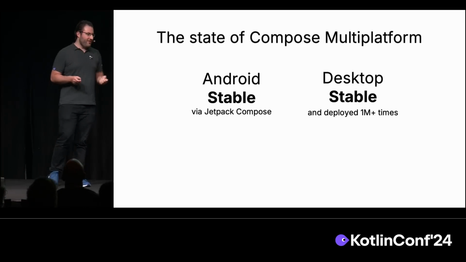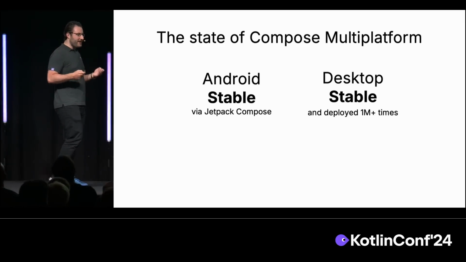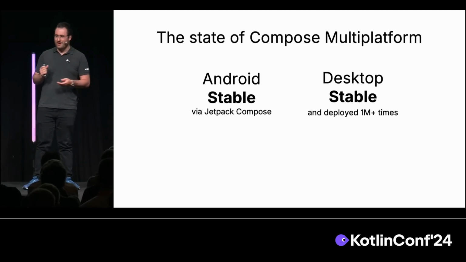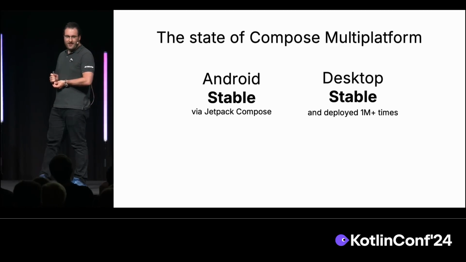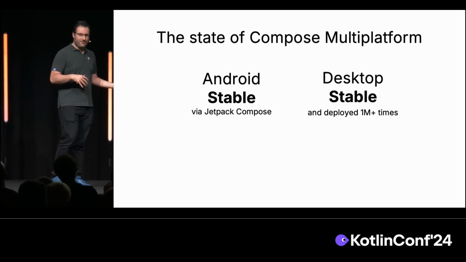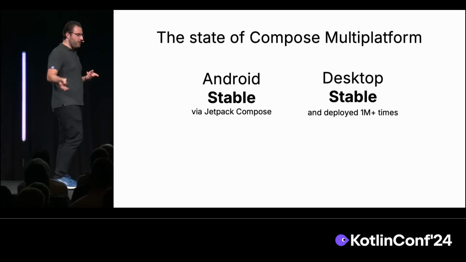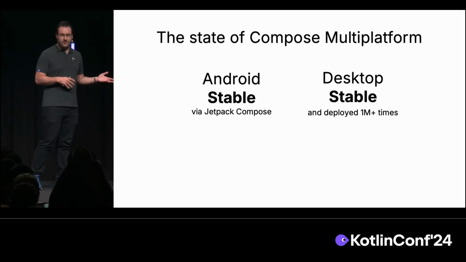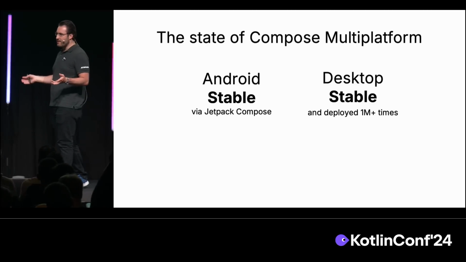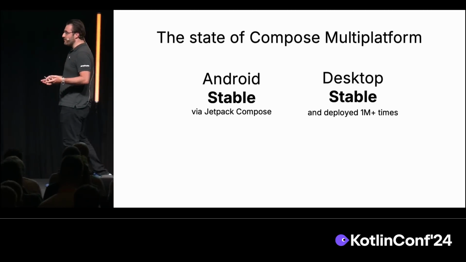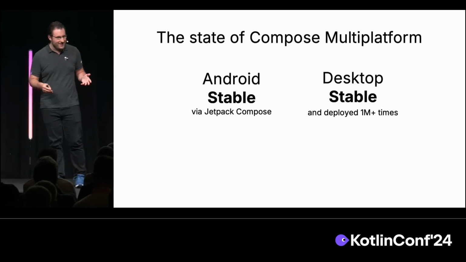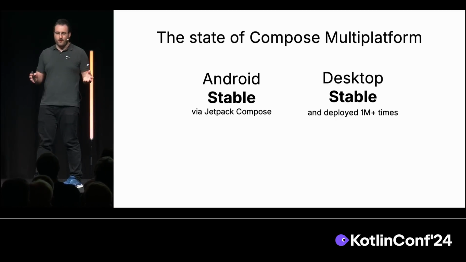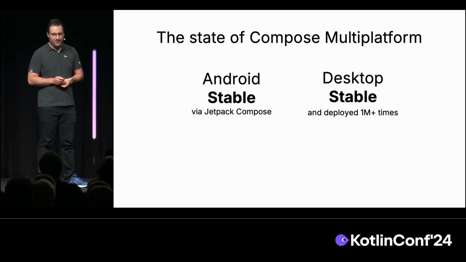And of course, it's a pretty exciting time right now because the stabilization journey for Compose Multiplatform is in full swing. On Android, when you're using Compose Multiplatform, that just decomposes, no pun intended, right into Jetpack Compose. So here, that's naturally already stable. On desktop, we've been stable for a whole while, and if you've ever used JetBrains Toolbox, then you have actually used a Compose Multiplatform application on desktop yourself.